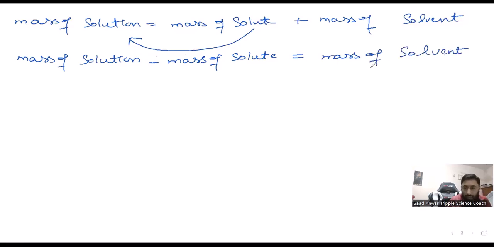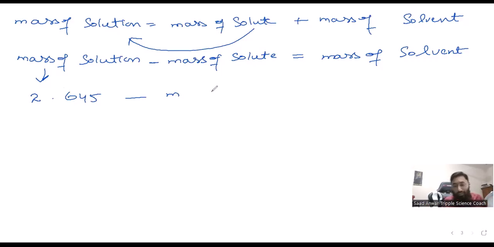Now I can put mass of solvent, although the problem is still there. I do not have mass of solute, but I have mass of solution, and that is 2.645. If I knew the mass of solute, that would be better, then I could get mass of solvent.